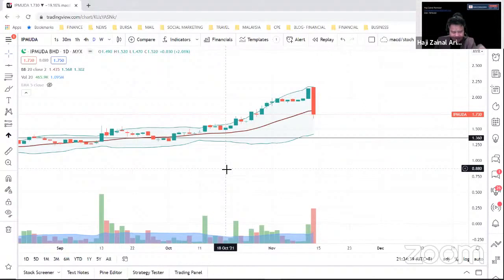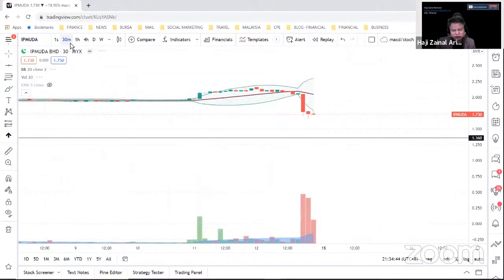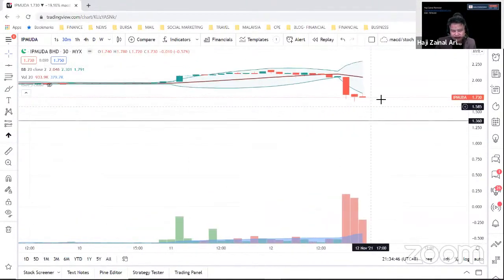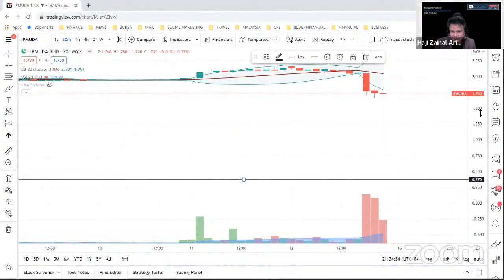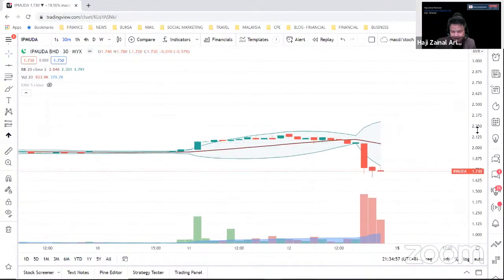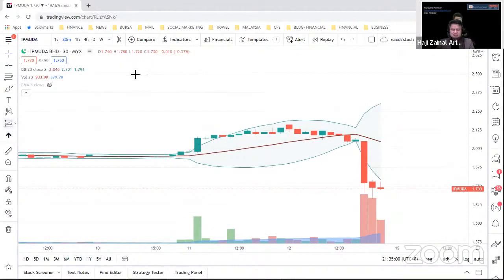But being said that, if you look at the shorter time frame, you can see the same thing. For example, here I use 30 minutes. Let me make it bigger. Then you can see that the price already broke the 20-period band, in this case 20 times 30 minutes, at 2:30 on November 12th.